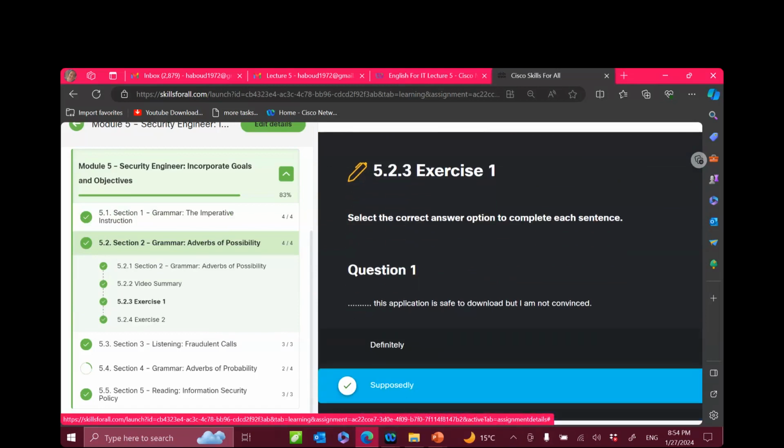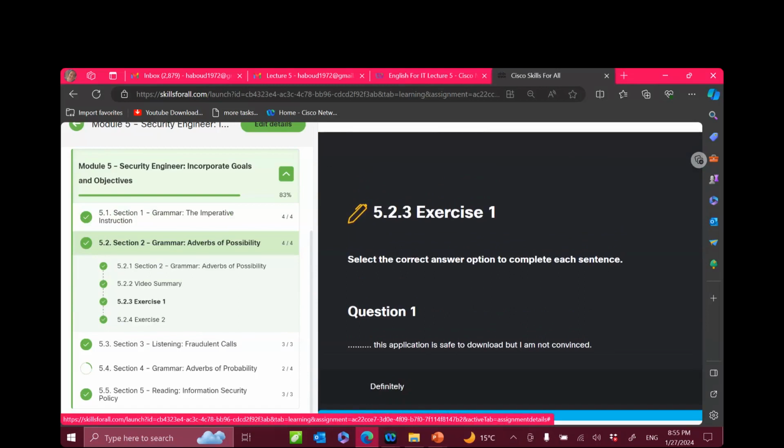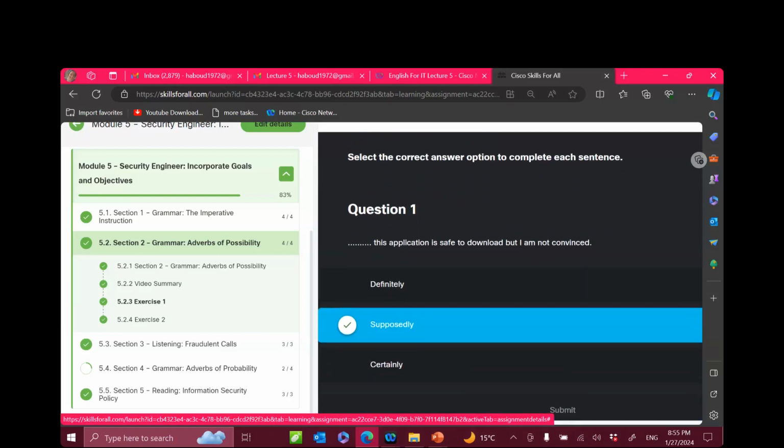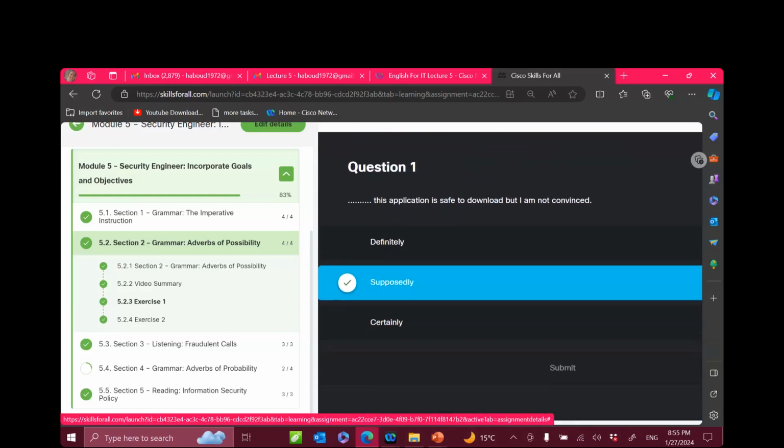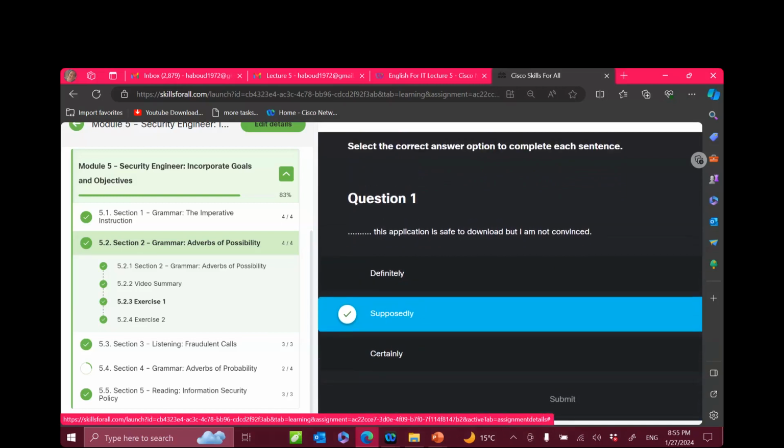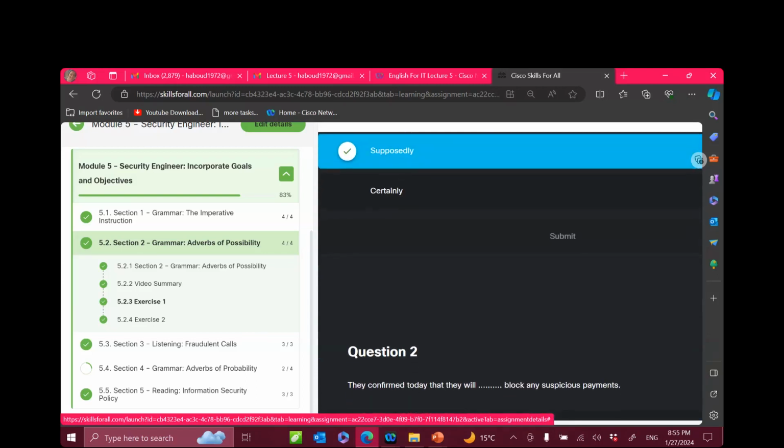What do you think? اختار ايه؟ This application is safe to download but I'm not convinced. فاكرين الحالة بتاعت I'm not convinced؟ بتكلم بقول definitely ولا supposedly؟ لما أكون حاجة مش مقتنع بيها بختار ايه؟ Yes, supposedly. Okay, supposedly this application is safe to download but I am not convinced. لكن أنا مش مقتنعة.